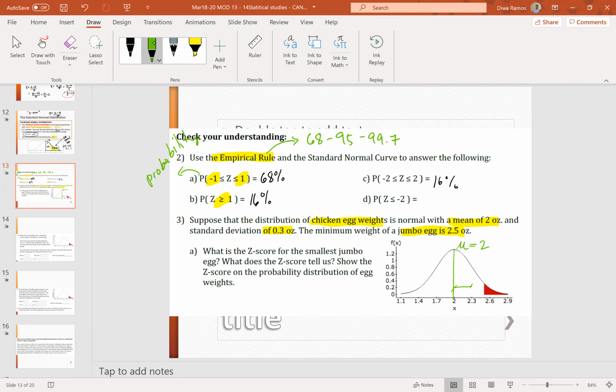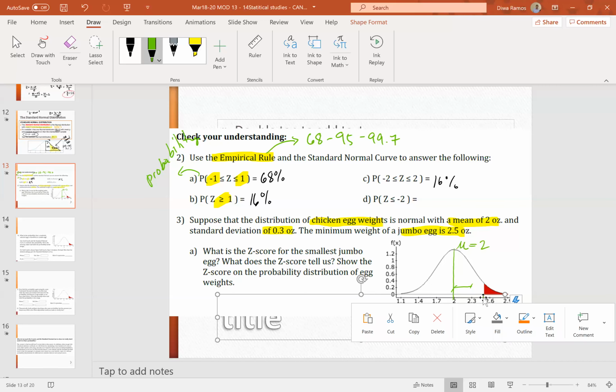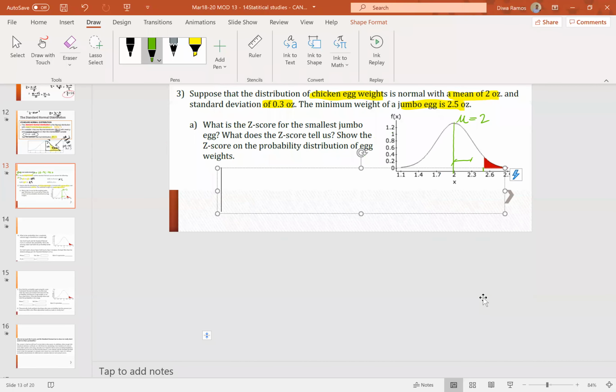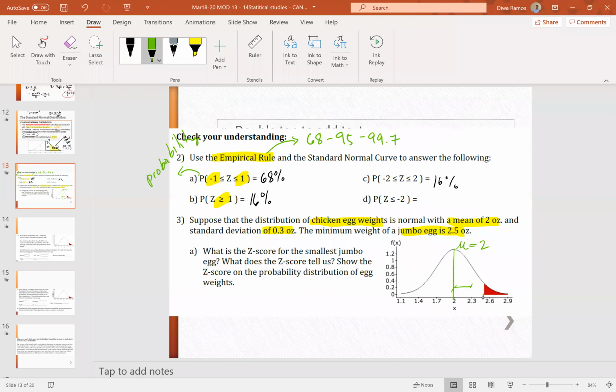And the minimum weight of a jumbo egg is 2.5. So it's right there. Actually, I want to delete this box. Sorry about that. So we're given the x here already. That's around 2.5.